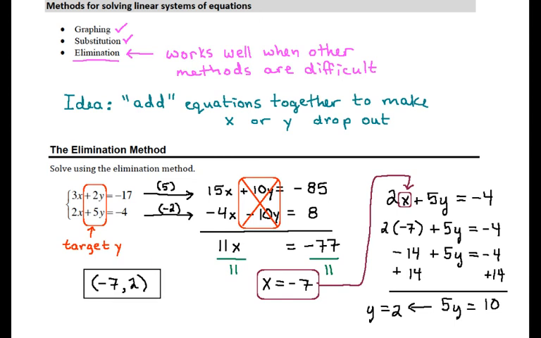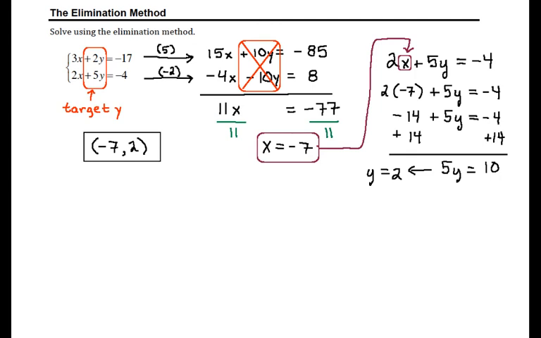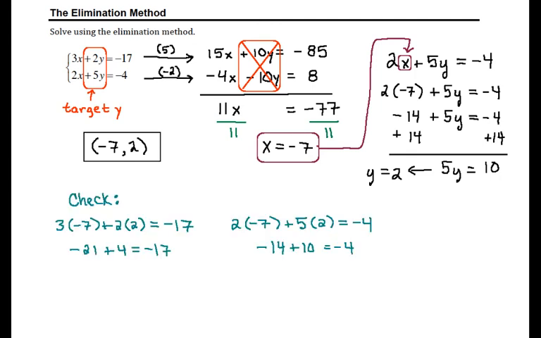I can check this by plugging it into both equations. I'll go ahead and show what that computation looks like really quick here. Plugging into the first equation gets me 3 times x, which is negative 7, plus 2 times y, which is 2, equals negative 17.